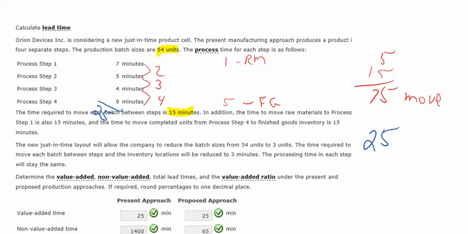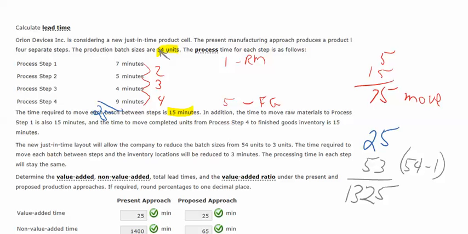We have a batch size of 54. So if I take 54 and I'm working on 1 unit, I have 53 that are in standby, waiting to be processed. Again, that's non-value added. So I'll take the 25 minutes times 53, that equals 1,325 minutes of wait time.